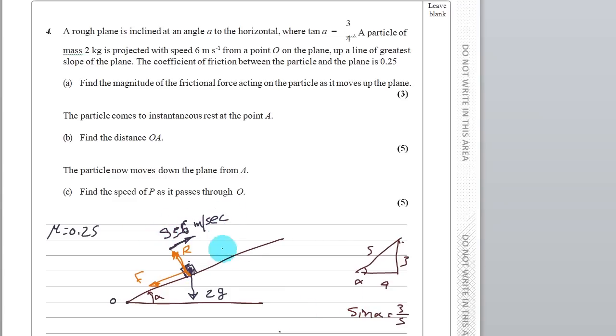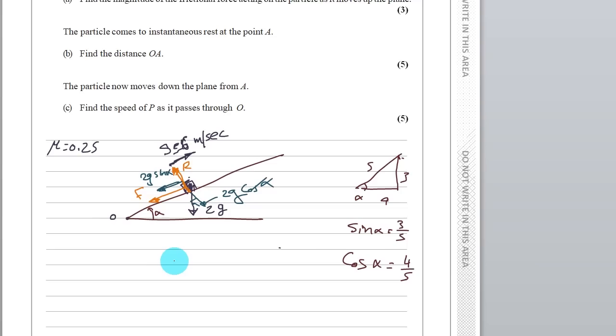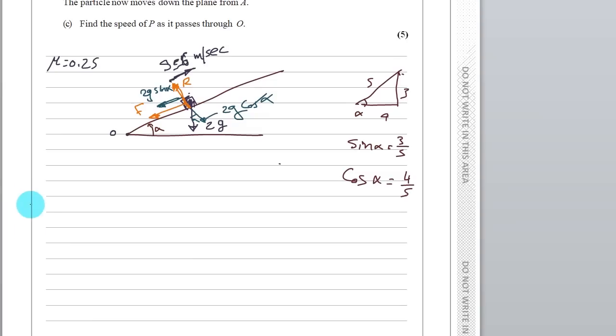The 2g force I can now resolve in these directions. This is alpha. So 2g cosine alpha is the first component, and the second component will be here, which is equal to 2g sine alpha. These are all the forces on the particle.